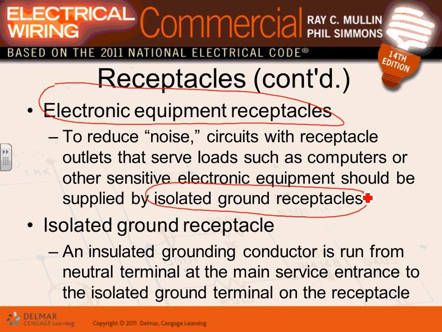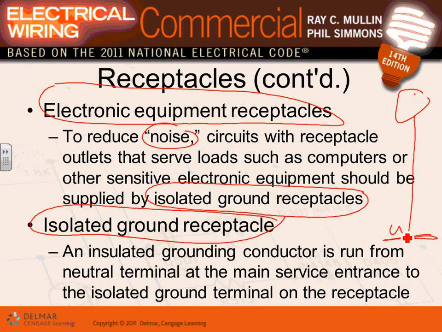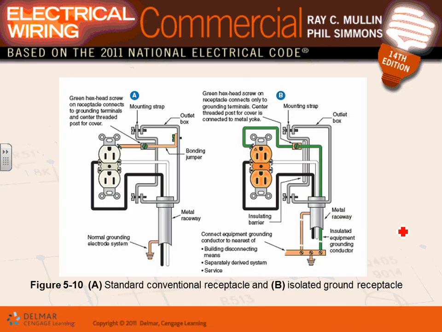When we start laying out technology circuits in our project, guys, be fully aware that these have to be so-called electronic equipment receptacles in order to minimize the interference. With the isolated ground receptacle, you have to have an isolated ground conductor that takes you all the way from the receptacle slot to the main ground in the main panel. You'll see in a second, I have a picture for that.